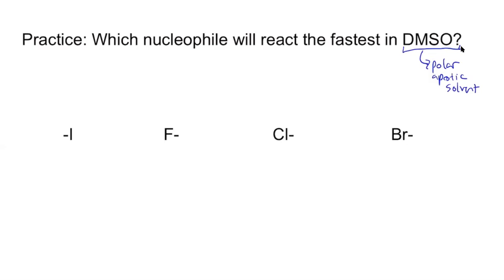In polar protic solvents, because there is anion and cation solvation, you want the biggest nucleophile so it can push through all that and push through the hydrogen bonding that goes on in the solvent. So we're looking at a polar aprotic solvent here, so we're going to want to pick the smallest nucleophile as the most nucleophilic and the fastest reacting.